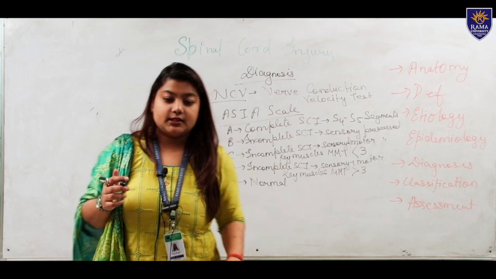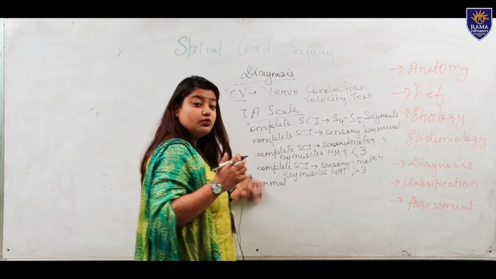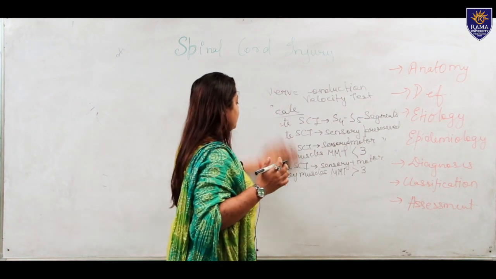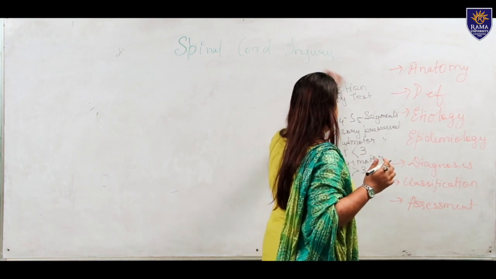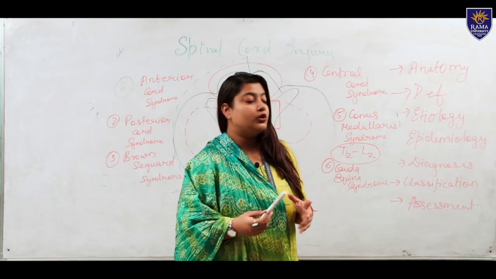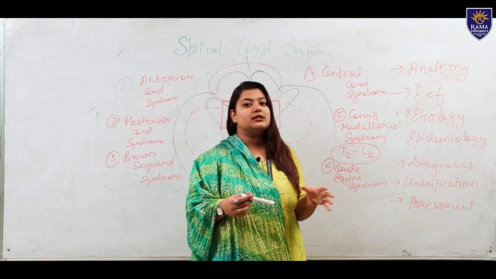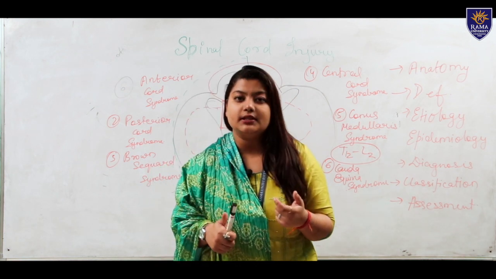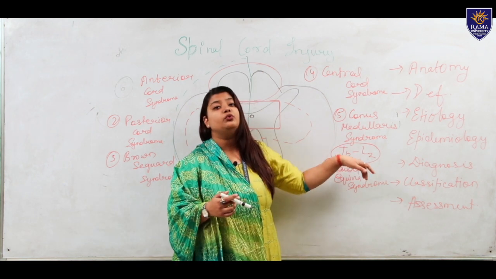Since we have discussed the various levels of injuries, it is very important for us to know how many types of spinal cord injuries are prevalent in the practical aspect. Conus medullaris syndrome occurs when there is compression or any trauma at the conus medullaris level, as in the level of T12 to L2.